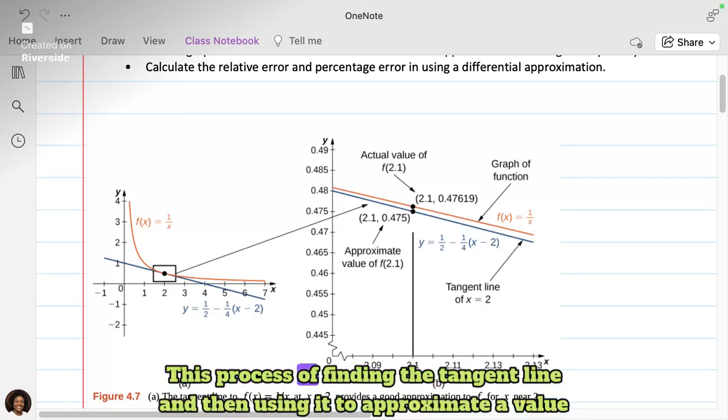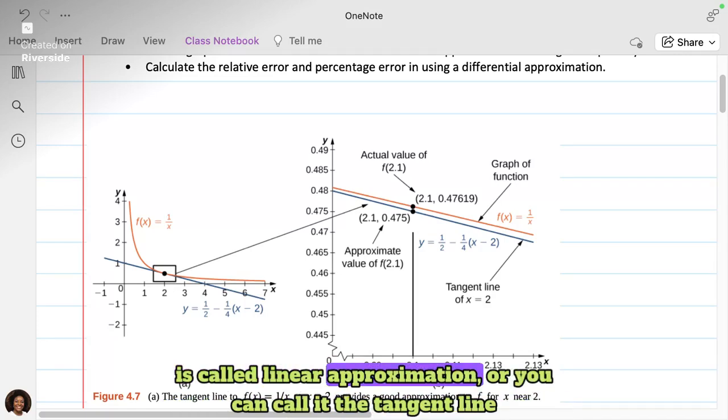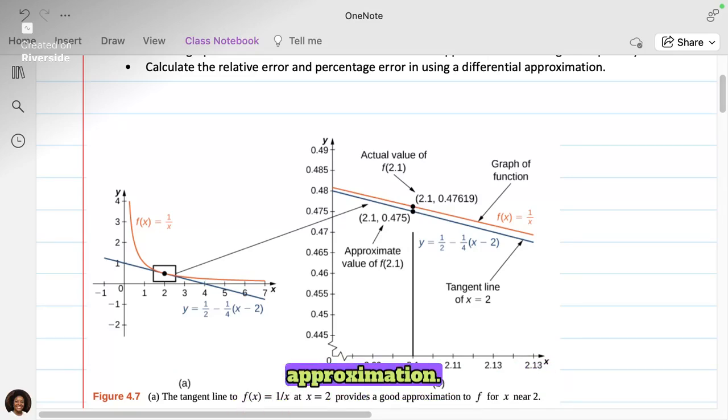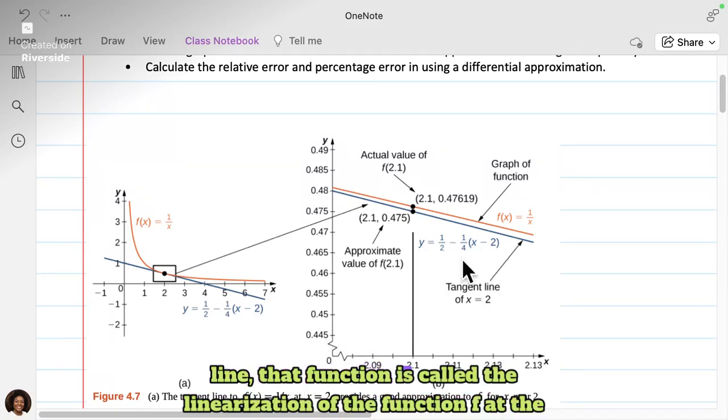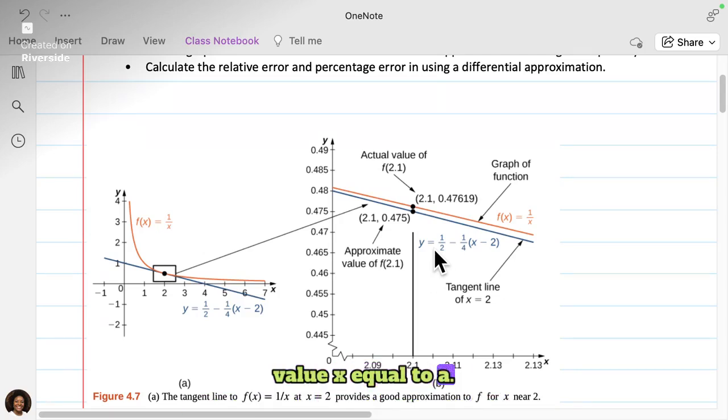This process of finding the tangent line and then using it to approximate a value is called linear approximation, or you can call it the tangent line approximation. And the function that we find, this linear equation that is the tangent line, is called the linearization of the function f at the value x equal to a.